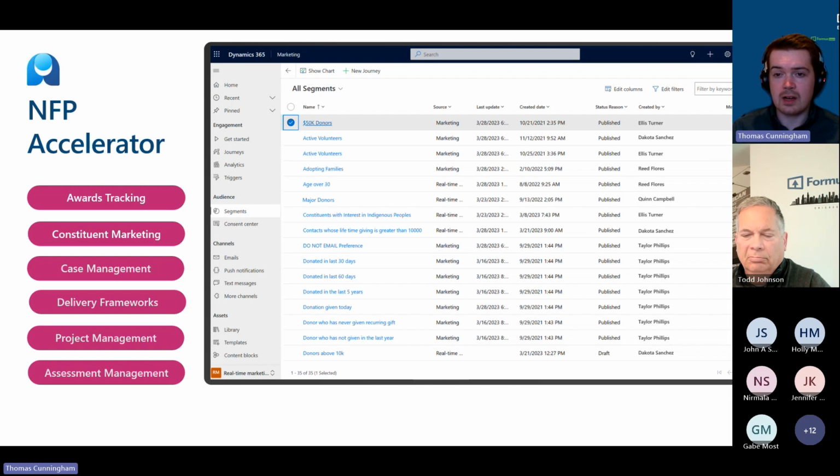It contains a collection of Power Apps, and those provide some functionality and automation across a number of key areas that most not-for-profits have to deal with. That includes awards tracking, case management, constituent marketing as well, and delivery frameworks. So all the key areas you'd expect.